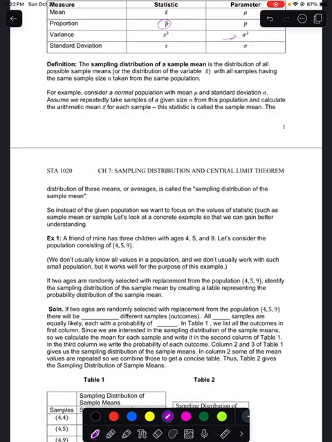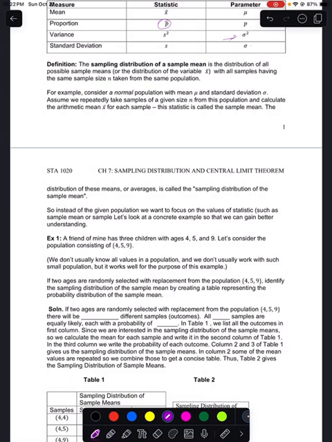So how do we do that? Think about it. If 2 ages are randomly selected with replacement from the population 4, 5, 9, how many different samples will there be? One could pick 4,4; 4,5; 4,9; 5,4; 5,5; 5,9; 9,4; 9,5; 9,9.